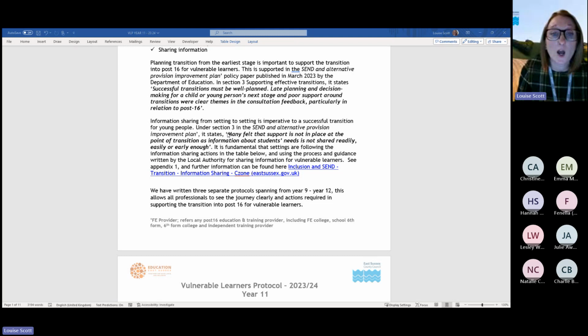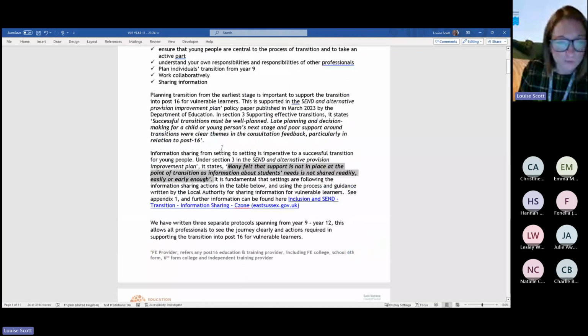We've also highlighted the paragraph from the improvement plan that says many felt that support is not in place at the point of transition, as information about students' needs is not shared readily, easily or early enough. So we felt it was really important to highlight that. Again, these are in all 3 protocols.